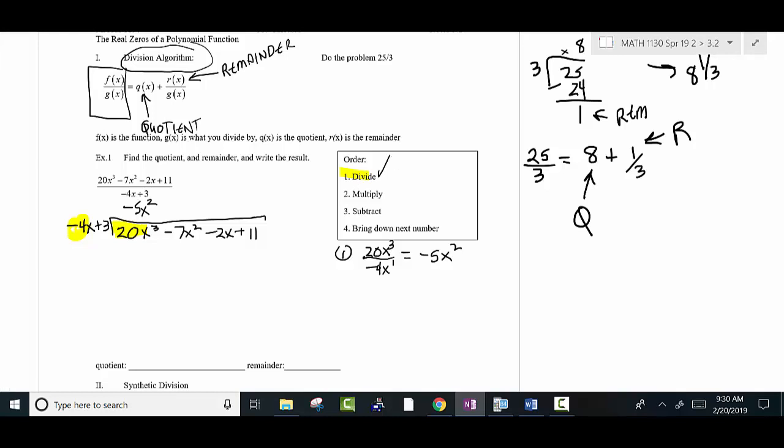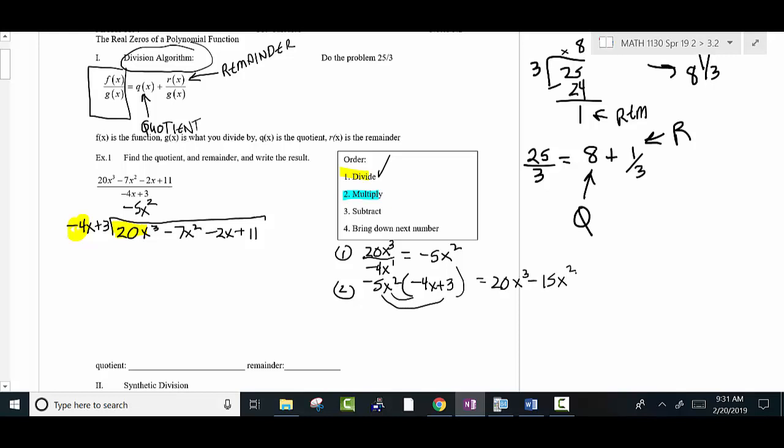Okay, the second thing you go to is the multiplication step. When you multiply, you're going to multiply the negative 5x squared times the whole divisor, negative 4x plus 3. Now see, that's a distributive property. So if you do that, you would have positive 20 x to the third, and then minus 15 x to the second.